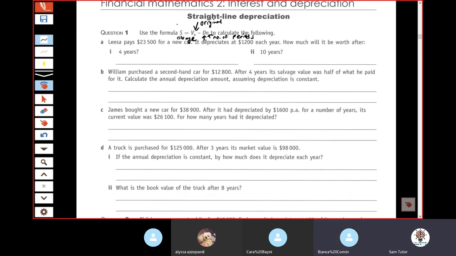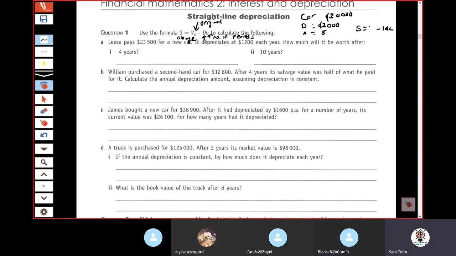Okay, any questions about this? It's a pretty logical formula. If I told you I bought a car today and it was 30,000 and it depreciates by $2,000 each year, and it's now been 5 years, you can work out its salvage value by saying you've lost 2,000 times 5, so 10K.